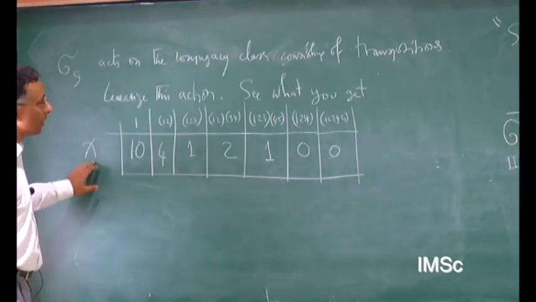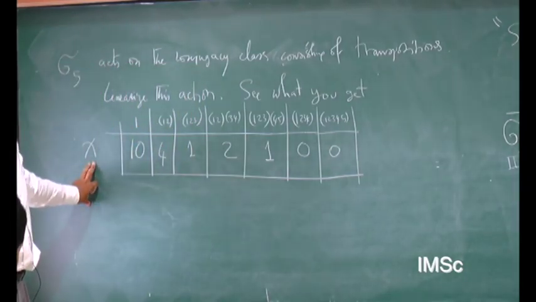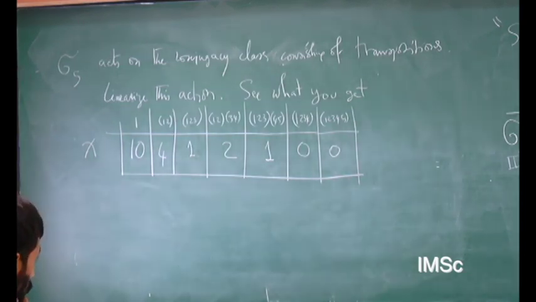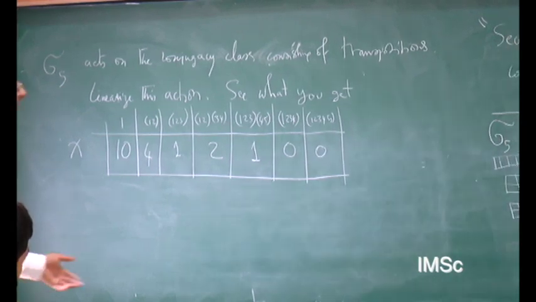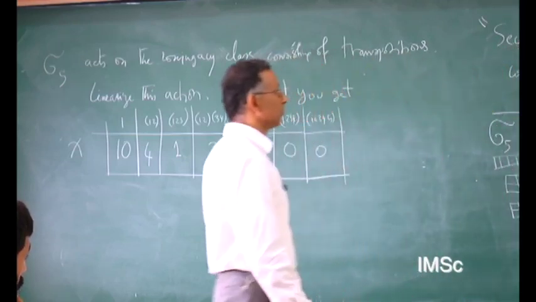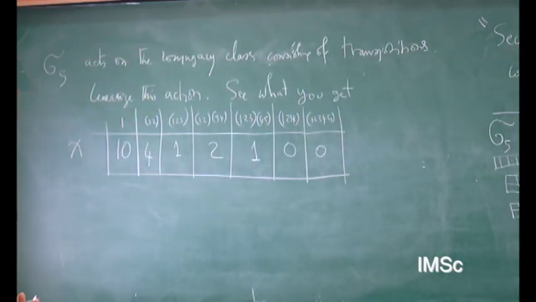I want to decompose this. I'm just trying to see how this decomposes. For example, if I try it with 1, what do I get? How many trivial copies does it have?